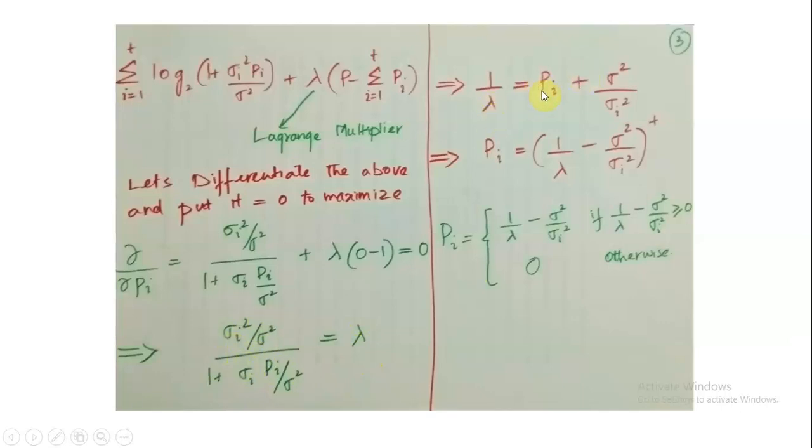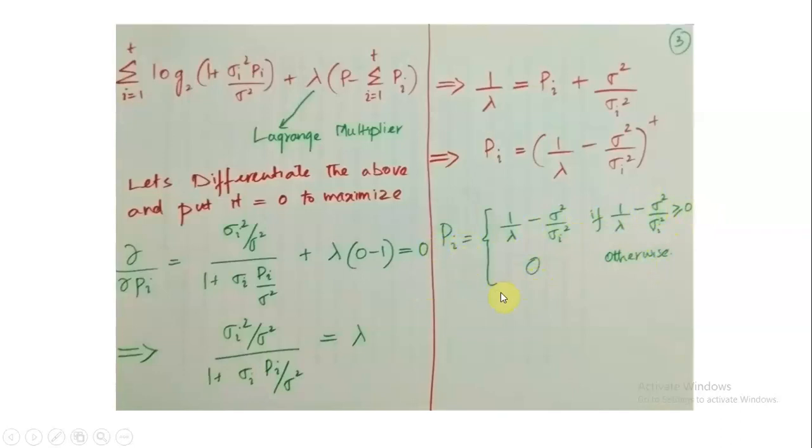So 1 over lambda is equal to P_i plus sigma square over sigma_i square, or P_i is equal to 1 over lambda minus sigma square over sigma_i square. The plus sign means that we take a positive value. If 1 over lambda minus sigma square over sigma_i square is greater than 0, then that is the value. Otherwise, if it is less than 0, P_i is equal to 0.